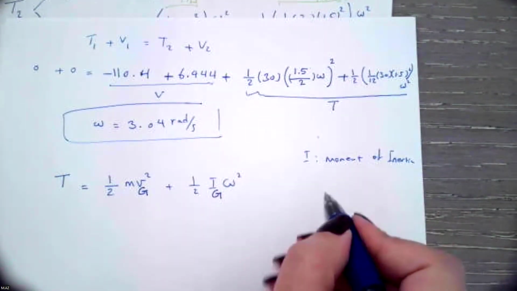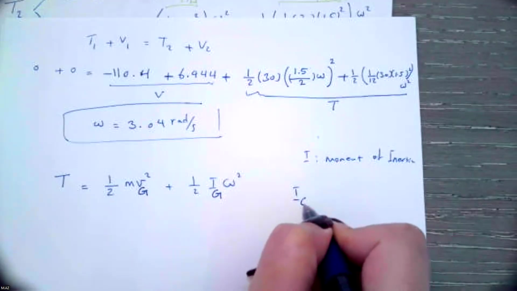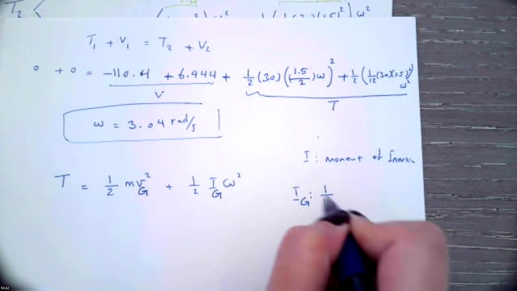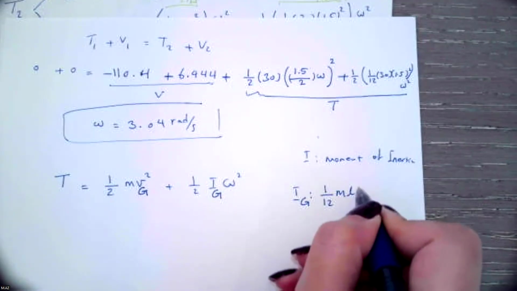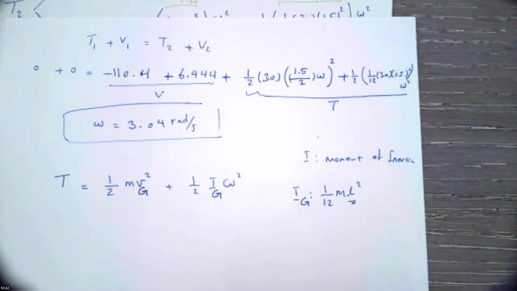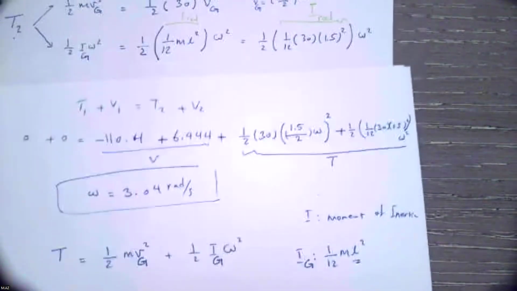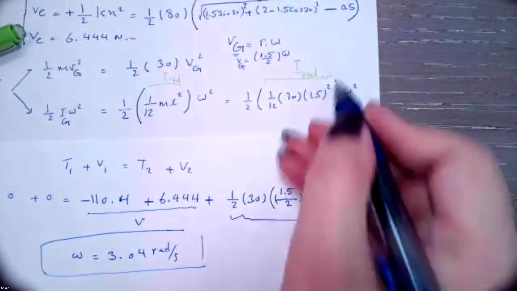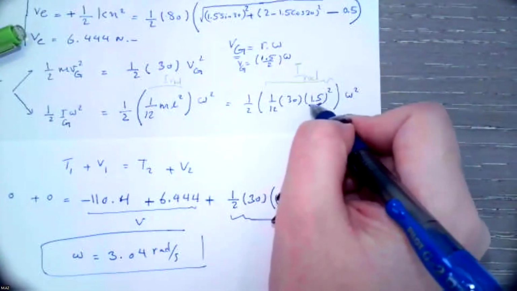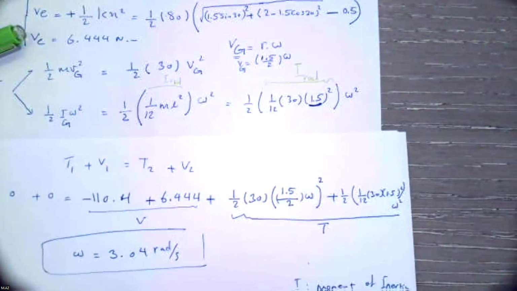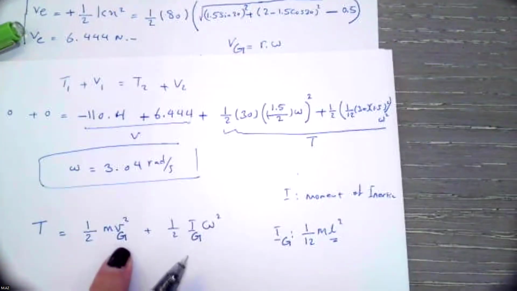For this problem, the moment of inertia of the rod at the center of mass is found based on this equation. What is L? It is the total length of the rod. For this reason, if you look at the equation, I'm working with the whole length of the rod. But how about the velocity?